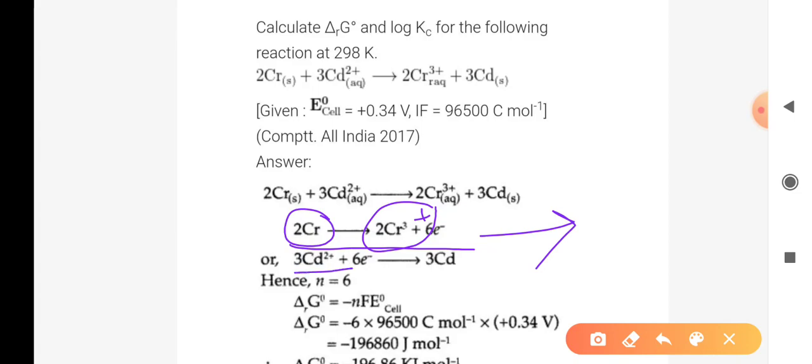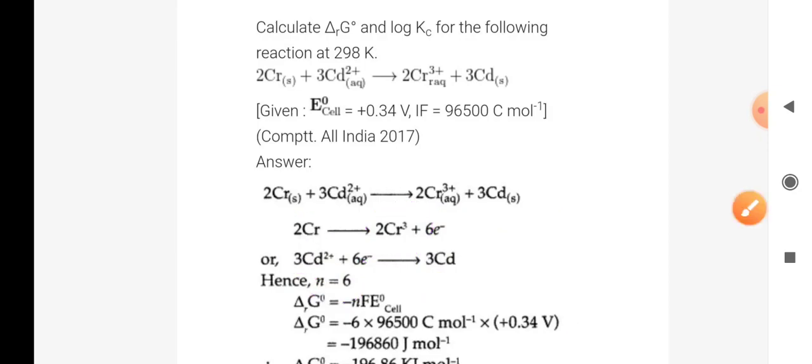And same thing when one cadmium 2 plus will convert into cadmium, 2 electrons are required. When 3 cadmium 2 plus will convert into 3 cadmium, 6 electrons will be required. So total number of electrons will be 6. So N is equals to 6 here.